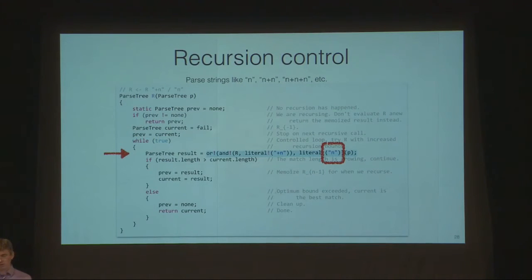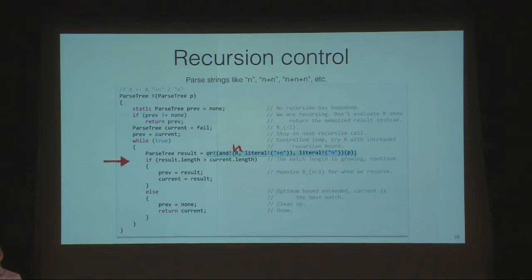which is R0. Now we check whether this iteration still grows the match. The length of n is longer than a failed match, so pref and current take over the value of the resulting parse, n. Next iteration. R is evaluated once, returns n immediately, and result gets the match n plus n.